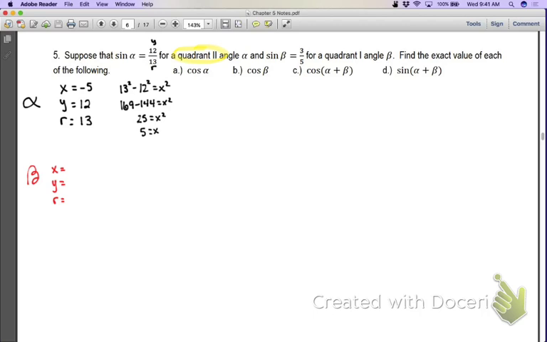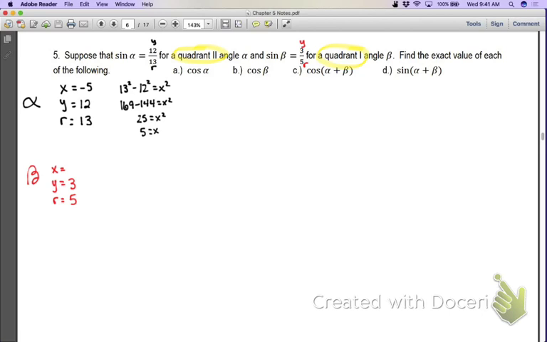Now in this case, because it is in quadrant 1, what do I know about my x, my y, and my r? They're always going to be positive. Okay, we already talked about with sine. Remember that it is y over r. So here's my 3, there's my 5.